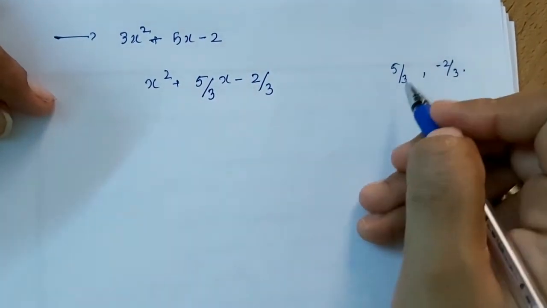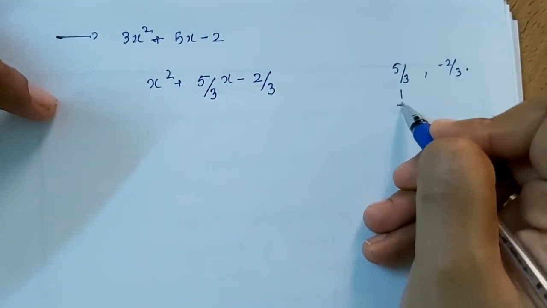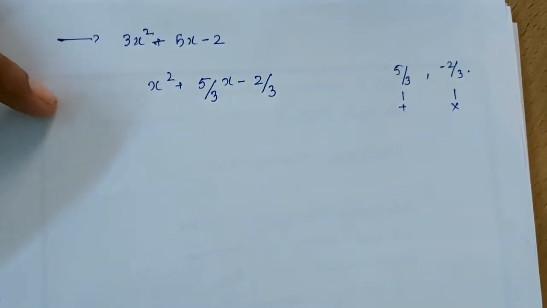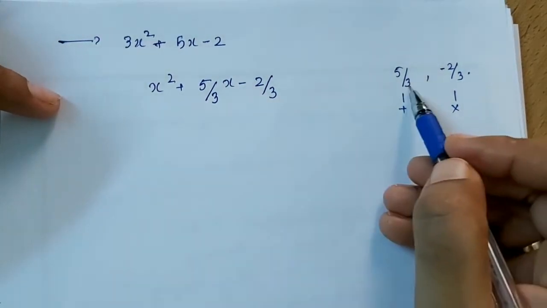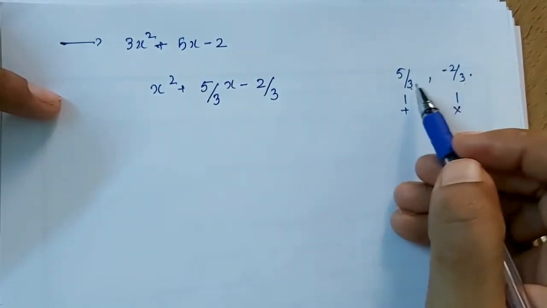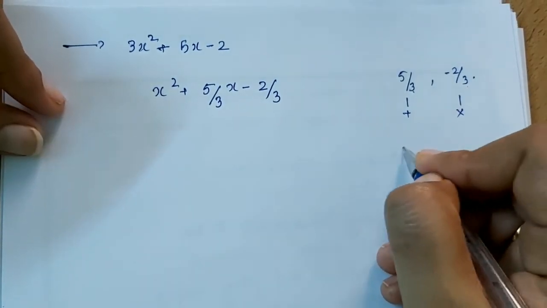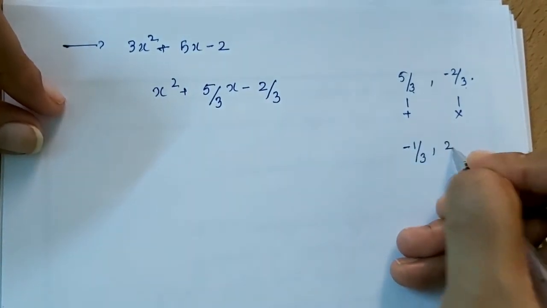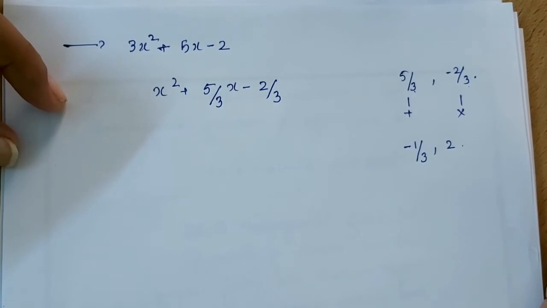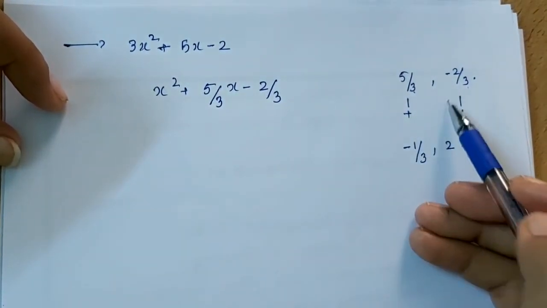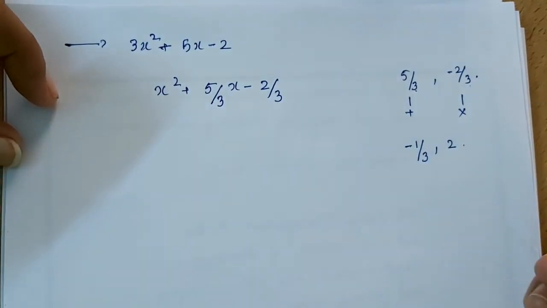We have to find values where the sum is 5/3 and the multiplication is −2/3. The denominator value is 3. Then we have to find the values. We will get them as −1/3 and 2. When we add these, we will get 5/3, and when we multiply them, we will get −2/3.